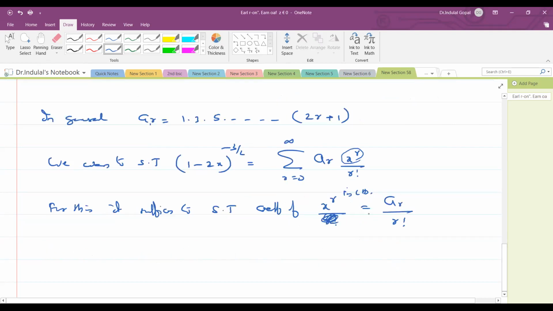Okay, that we will do. So we will find the coefficient of x raised to r from here.